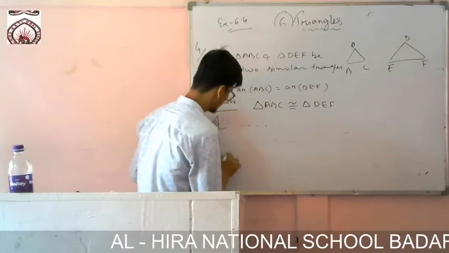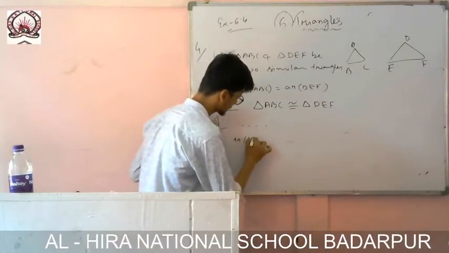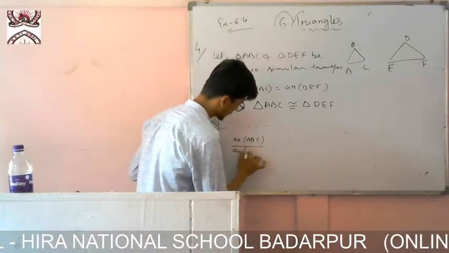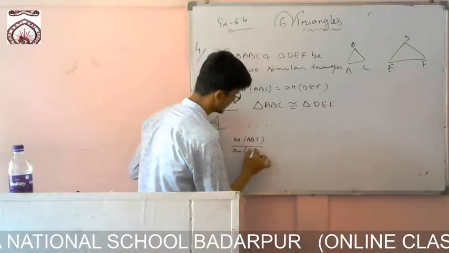After that you write, therefore, area of triangle ABC by area of triangle DEF.